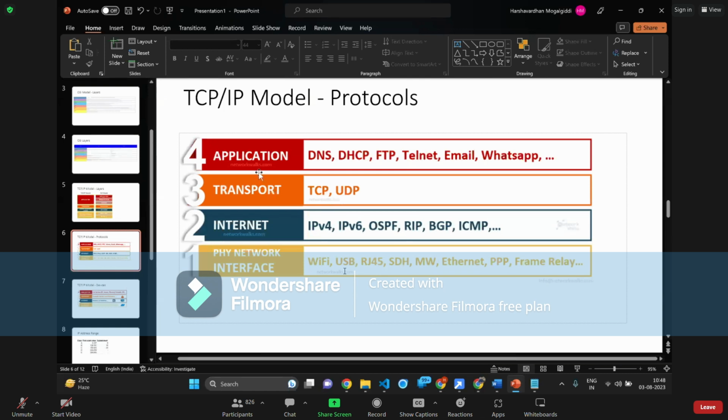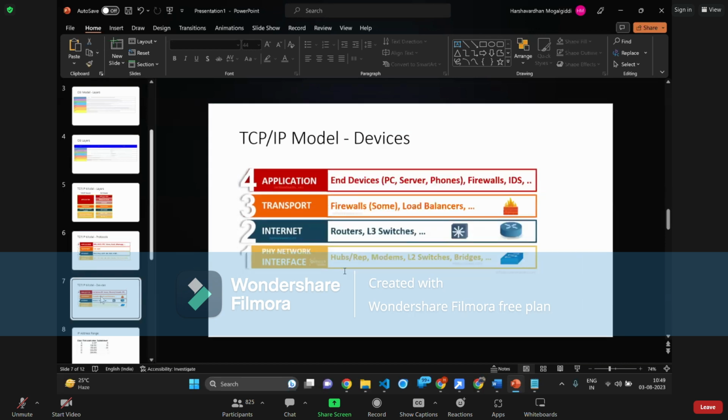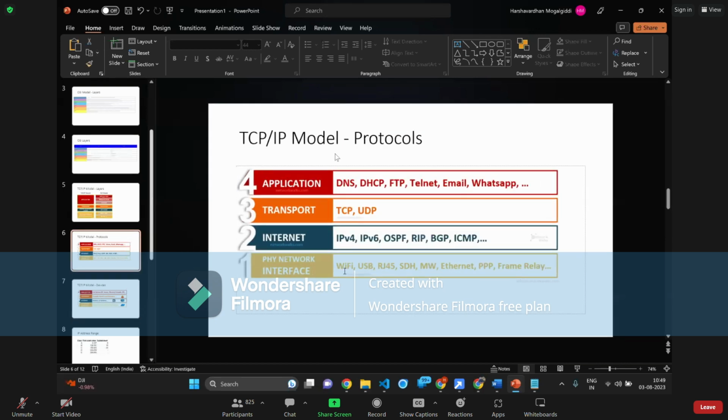Whether the data is transported connectionless or connection-oriented is decided by the transport layer of your TCP/IP. Next, the application layer comprises DNS, DHCP, FTP, Telnet, email. WhatsApp and all not required. So these are the different protocols in your TCP/IP.